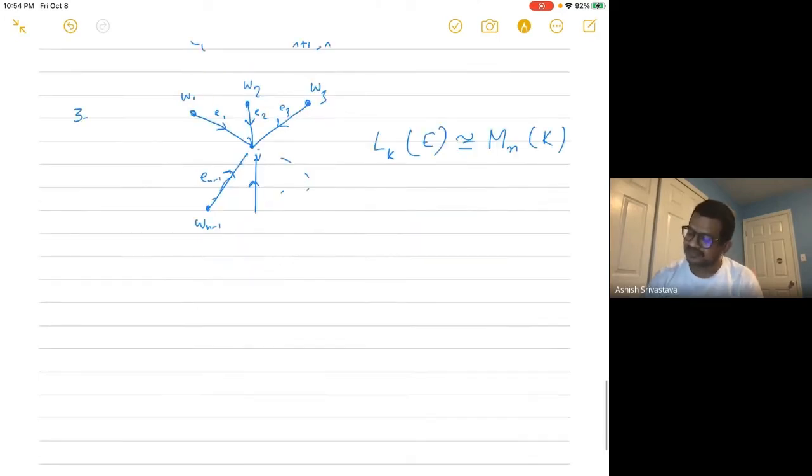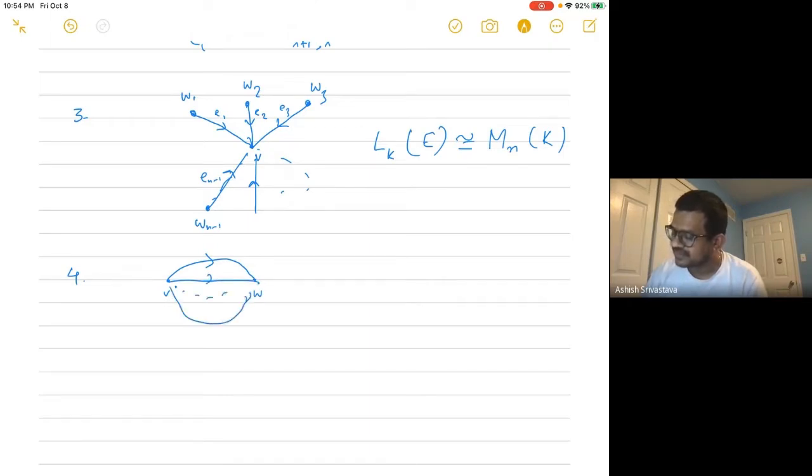In fact, here is another one. You take two vertices, V and W, and you put these n edges.